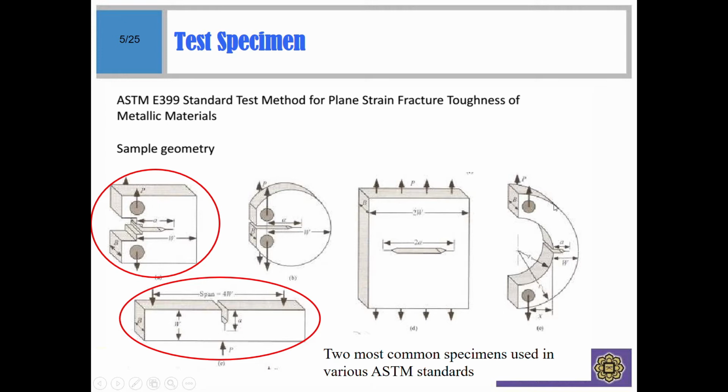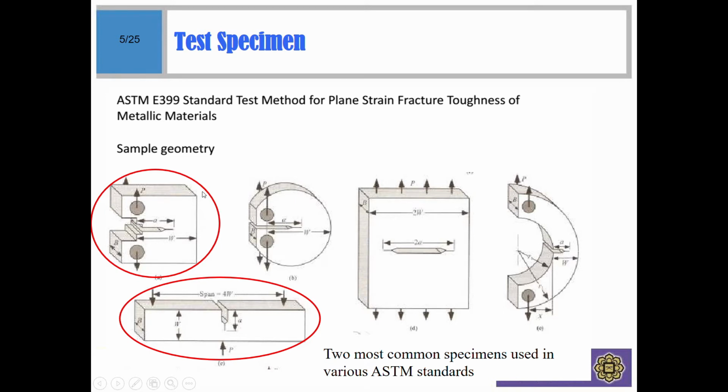Okay, these are the types of specimen that we can use to assess what type of mode of fracture. ASTM E399, standard test method for plane strain fracture toughness of metallic materials. So this is one type of sample geometry.